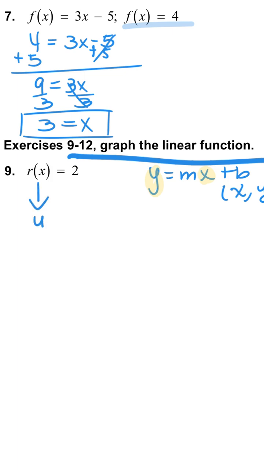That y equals 2. And again, in the previous lesson we established that y equals 2 is the same as a linear function. Because we know that in y equals mx plus b, we still have our y here.